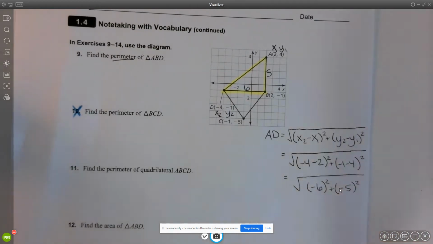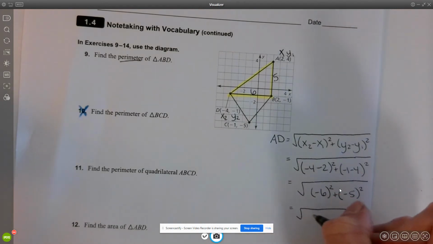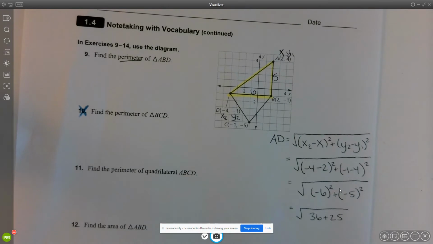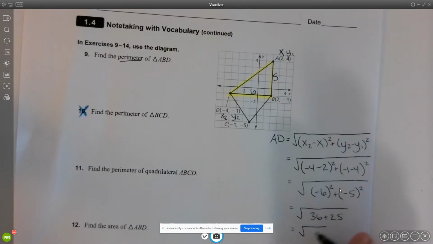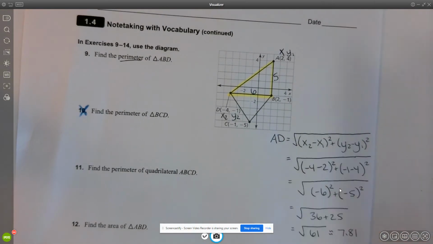I'm going ahead and doing that subtraction. Square root of 61 is approximately 7.81.